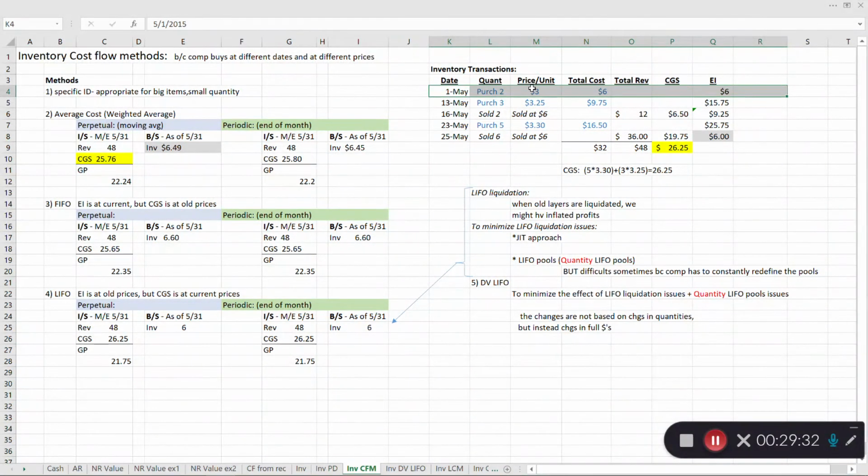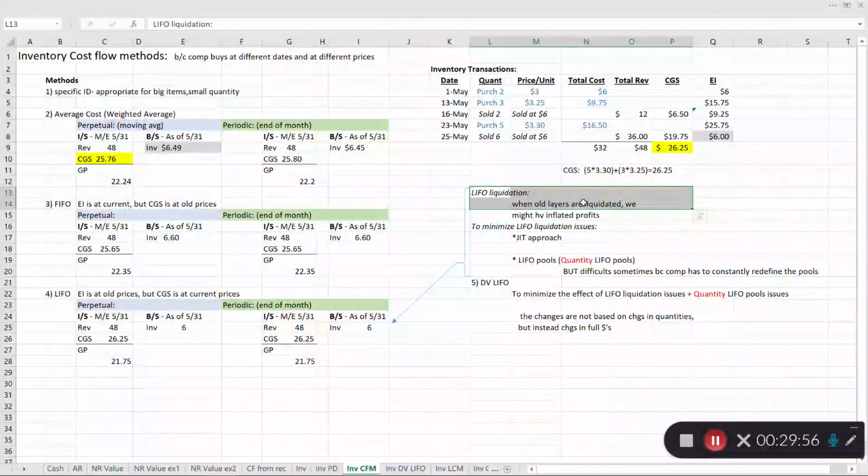That's going to give you a low cost of goods sold, which means you will get a high gross profit, right? So when that happens, we need to disclose that information. It's not a desirable effect, because we'll have inflated profits because we are expensing old layers that are being liquidated.